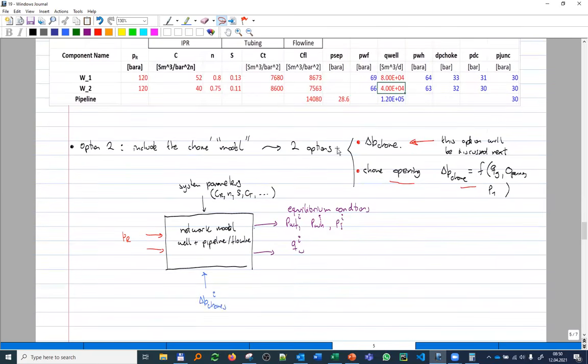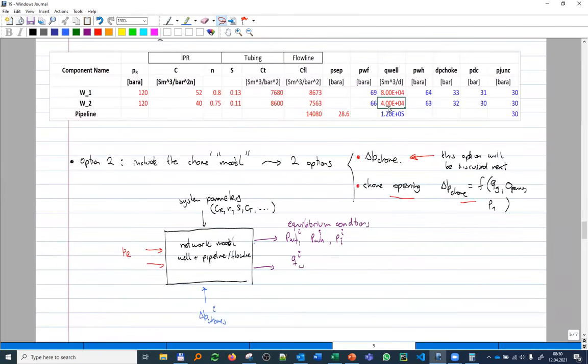One, and that's what they usually prefer, is that I provide a delta P of the choke. I don't introduce the model of the choke explicitly, but I simply say the choke has some delta P. And then, when the rate is given, this 80,000, I adjust this delta P of the choke until I get the rate given. Okay?